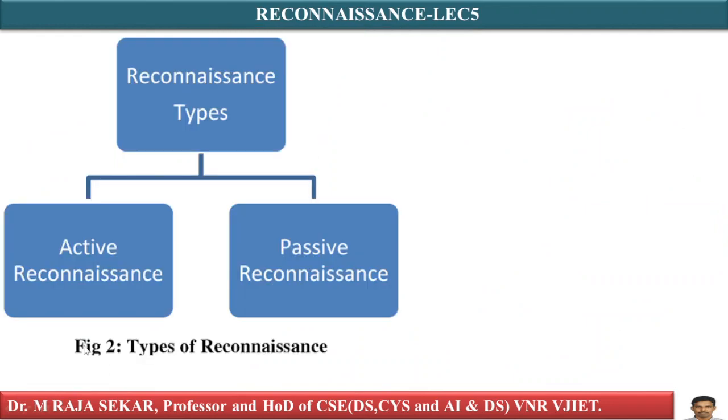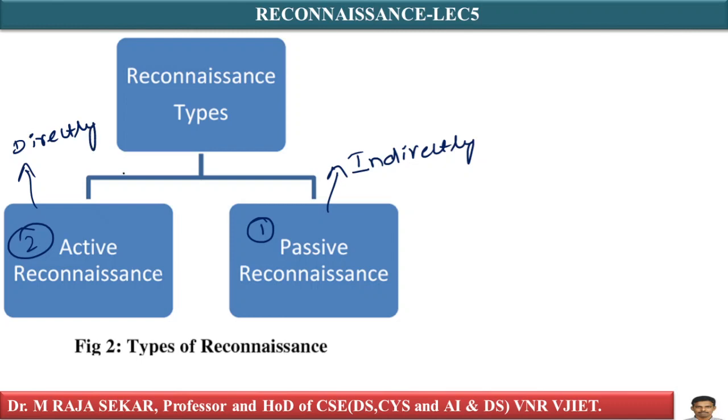Now we will try to understand types of reconnaissance. How many types of reconnaissance are there? First one is passive reconnaissance. Second one is active reconnaissance. What is passive? In this type of information gathering, we collect information about the target indirectly. Whereas in the case of active reconnaissance, in this type of information gathering, you can collect information directly.